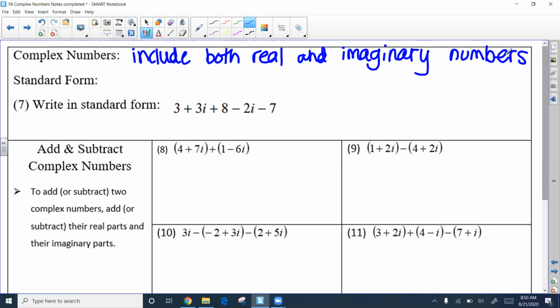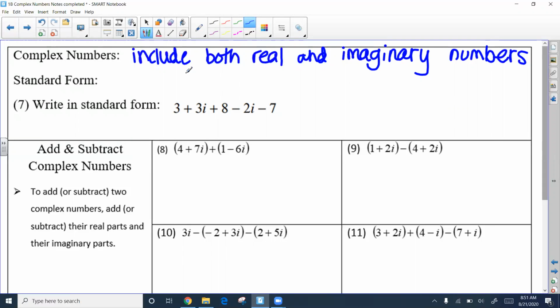So the set of complex numbers, just like we can have a set of real numbers, includes both real and imaginary numbers. So it includes all the real numbers that we usually deal with, but it also includes numbers that have i's in them as well. So complex numbers include both.